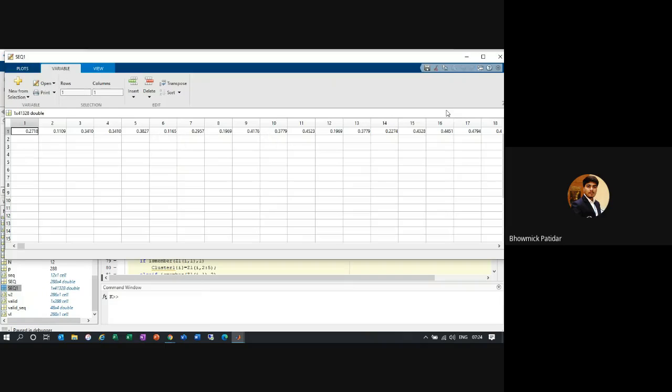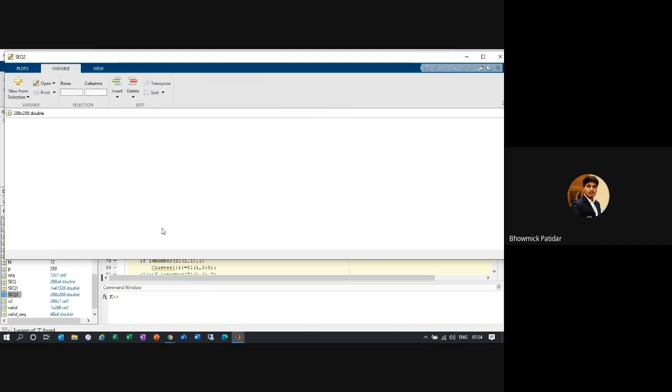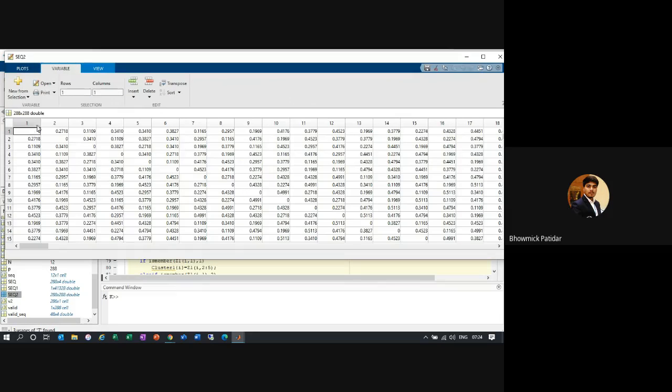This gives us the Euclidean distance between the pairs, and if you want to visualize it, we can see it using the squareform function also. So the distance between pattern 1 and pattern 2 is 0.